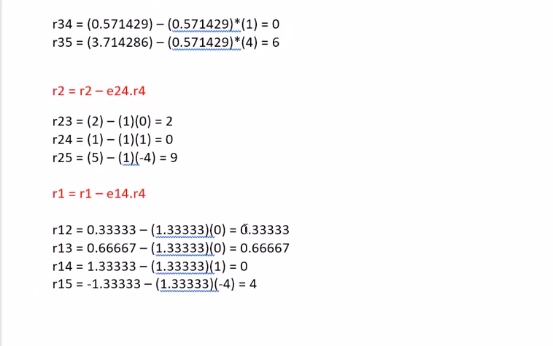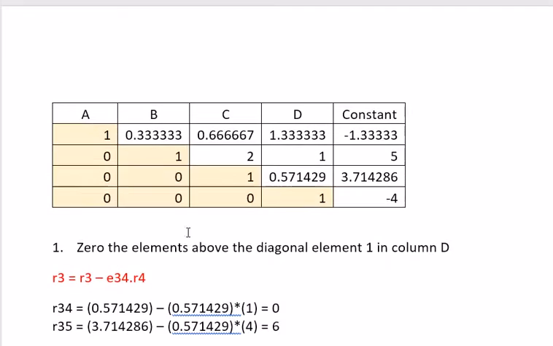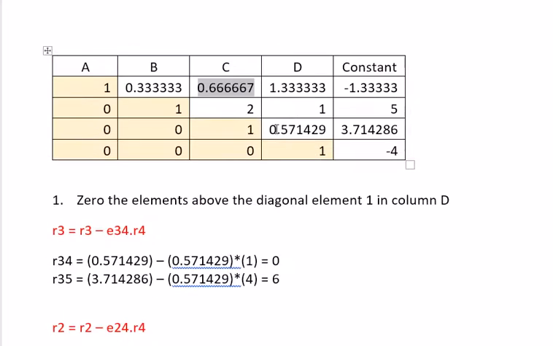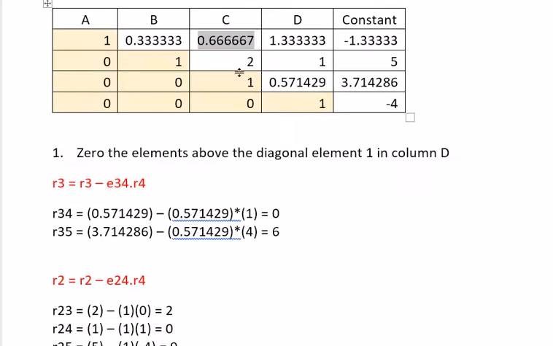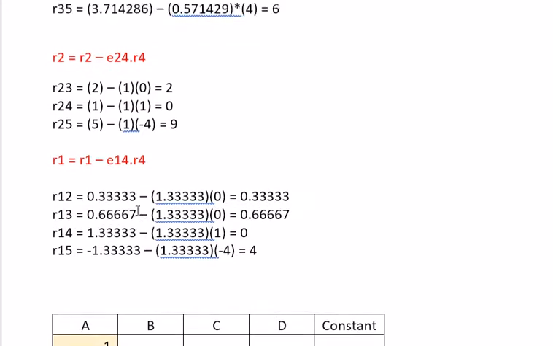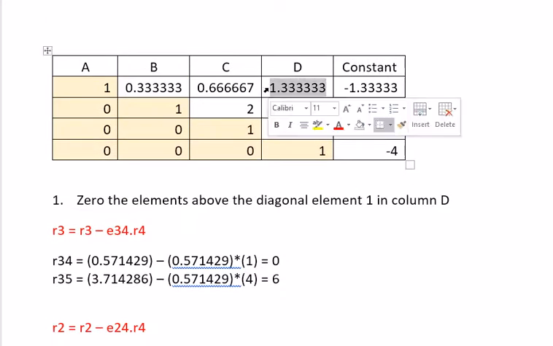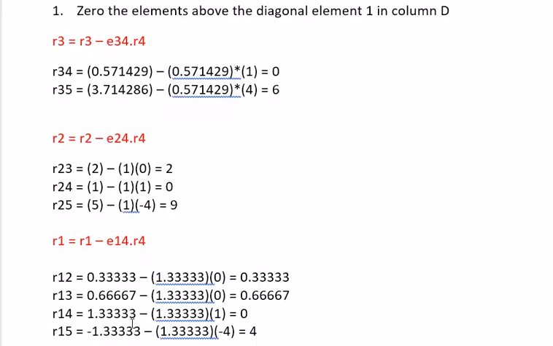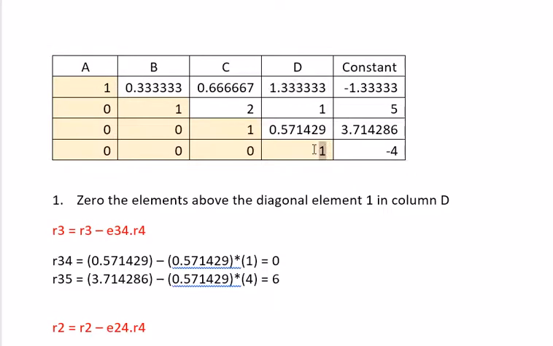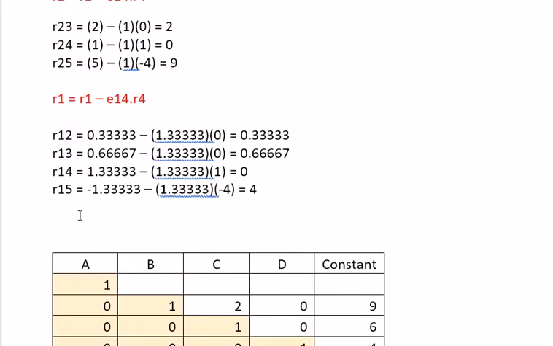So that gives us 0.333. Next is R13, that is 0.667 minus the constant 1.333 times the value of row 4 directly below, which is 0, that gives you 0.6667. Then the value here, 1.1333 minus 1.333 times the value of row 4 directly below D, which is 1, that will give you 0.